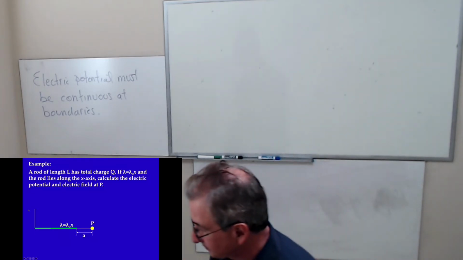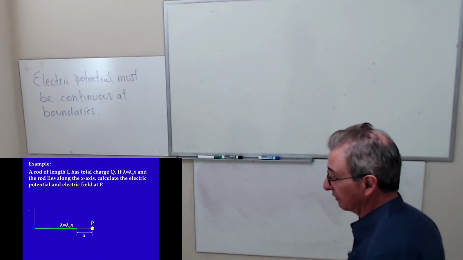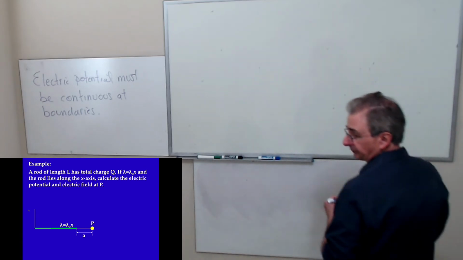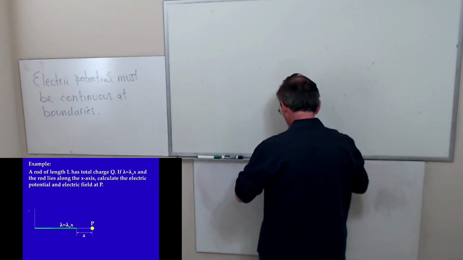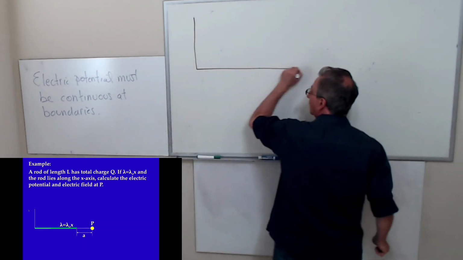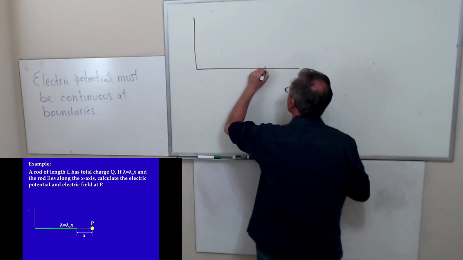Let's do one more example. This is related to one I have in the video. We have a rod of length L that lies along the x-axis.